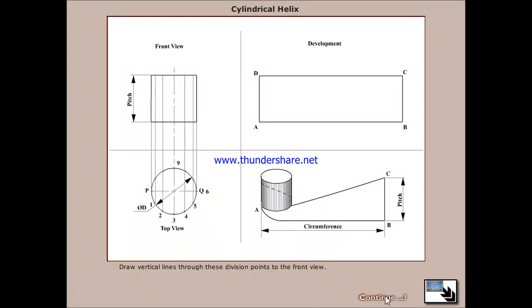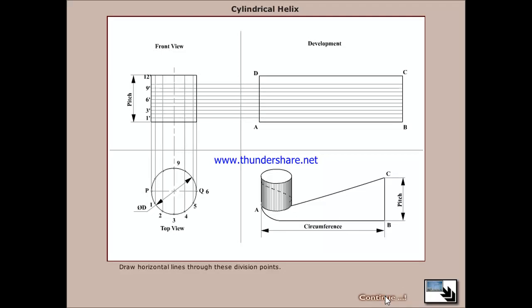Now draw vertical lines through these division points to the front view. Then divide the pitch into the same number of equal parts, 12, and name the divisions 1 dash, 2 dash, 3 dash, etc. Now draw horizontal lines through these division points into the development surface.